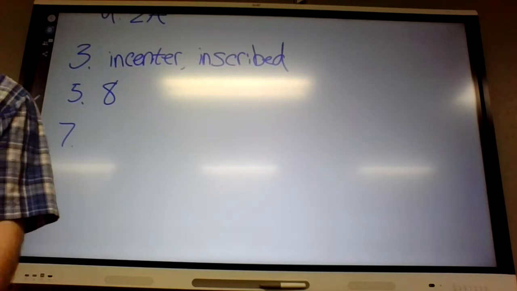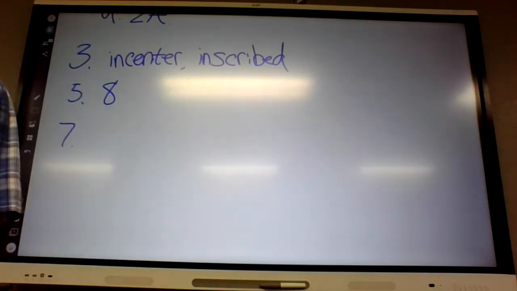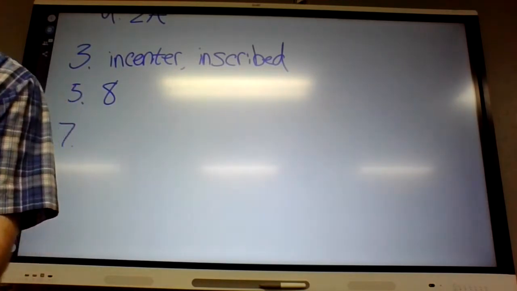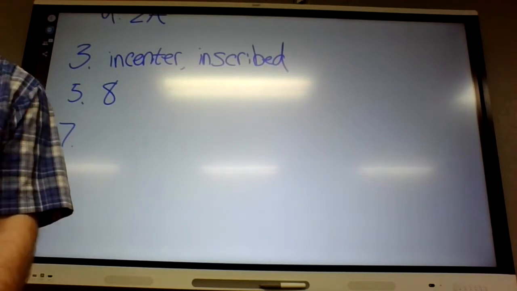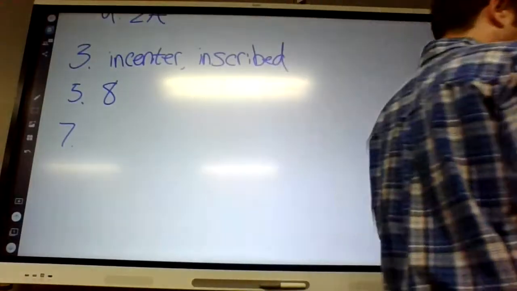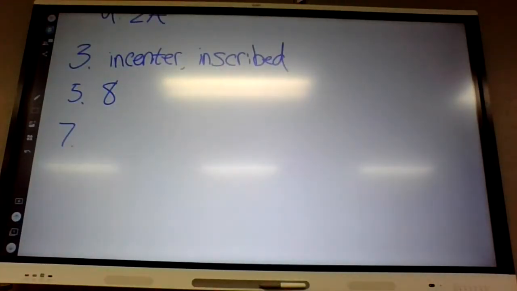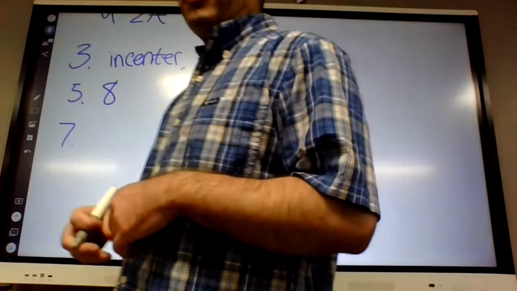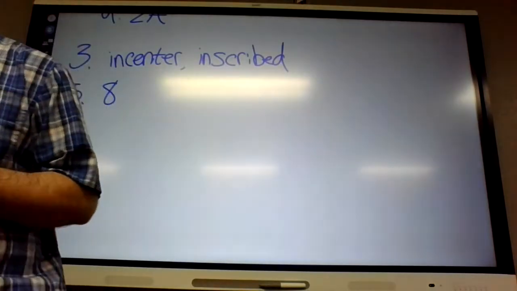Number 7. It says if angle VRS equals blah, blah, blah. Do you see angle VRS? Yeah. The bottom half of the bottom right angle.